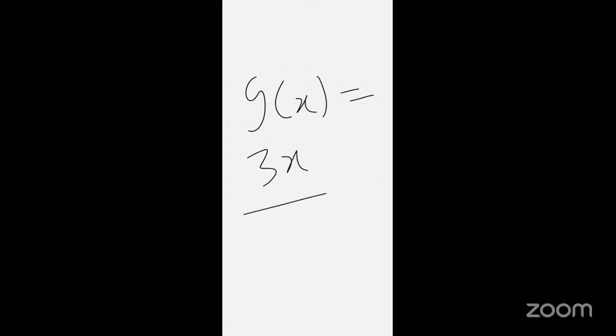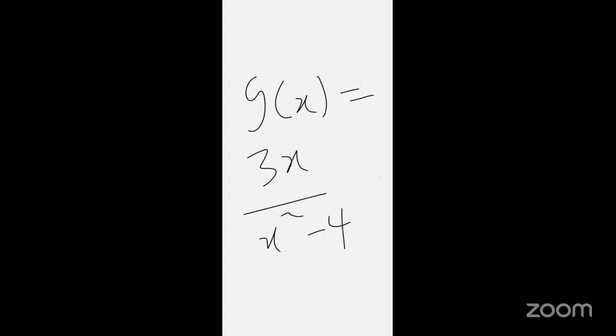defined solution. For example, when we have g of x is equal to 3x over x squared minus 4. So the domain of this function will be the values that we are going to input into this function that are going to give us a particular solution.